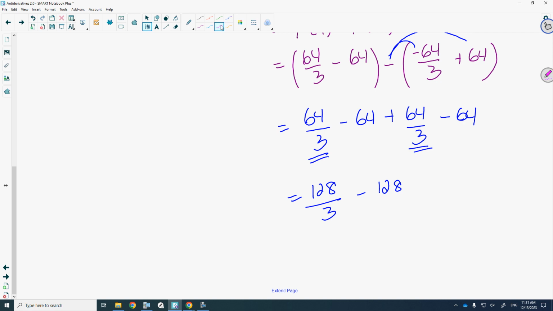So you would times this by 3 and this by 3. I'll give you what the final answer is. This final answer would give you negative 256 over 3.